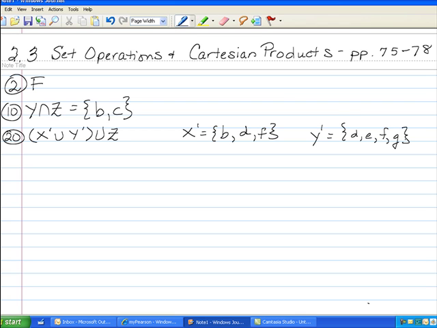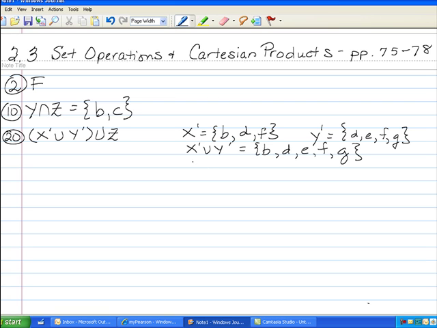G. So if I get the union of those two, which is what's in parentheses, remember we want to do parentheses first, we get B, D, E, F, and G. We want to list everything that appears in either set or in both sets.